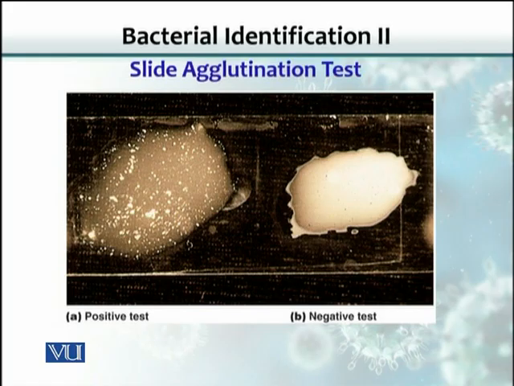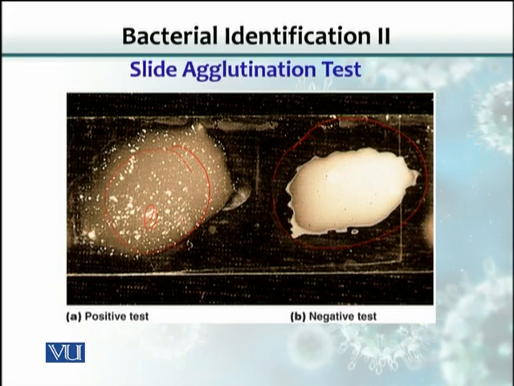Here you can see that a bacterium, when mixed with the antibodies, produces these white flakes. And this is a negative sample, where the antibody was mixed with another microorganism not related to those antibodies. So when antigen and antibodies are specific to each other, we see clumping in the form of these big particles.